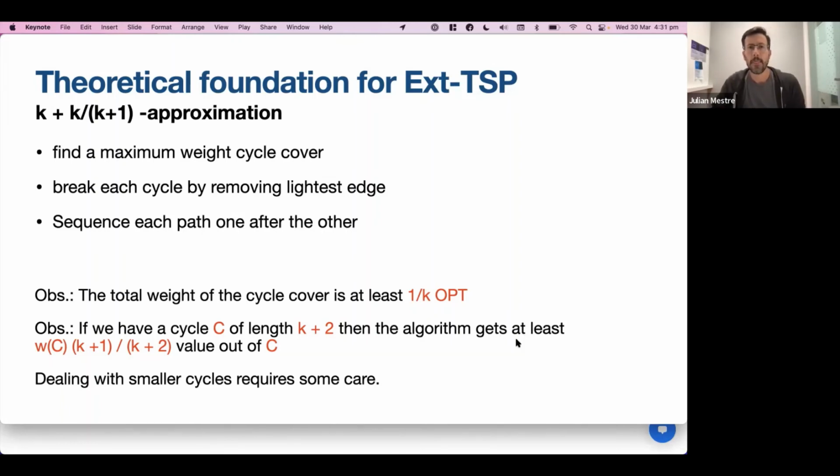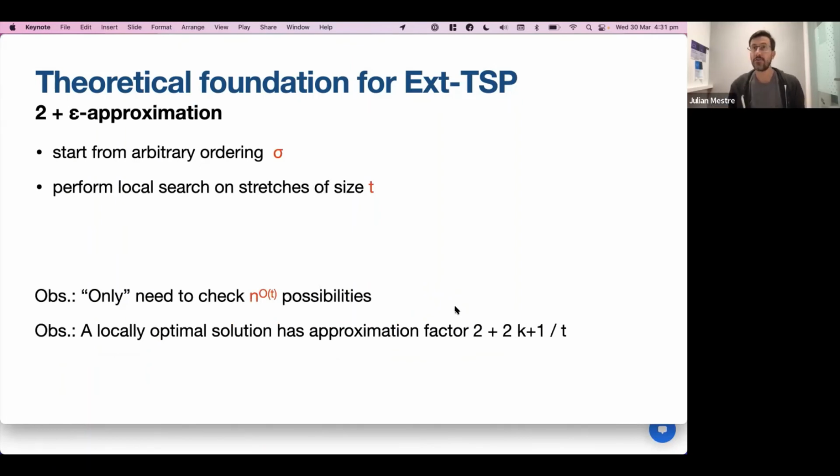Am I doing okay? To get a 2 plus epsilon approximation, this is in some sense the worst algorithm, because the running time is the worst, but it's a local search algorithm. You just start from an arbitrary ordering, and then you look at a stretch of size t for some appropriately chosen t, and then you try to optimize that section of the tour.